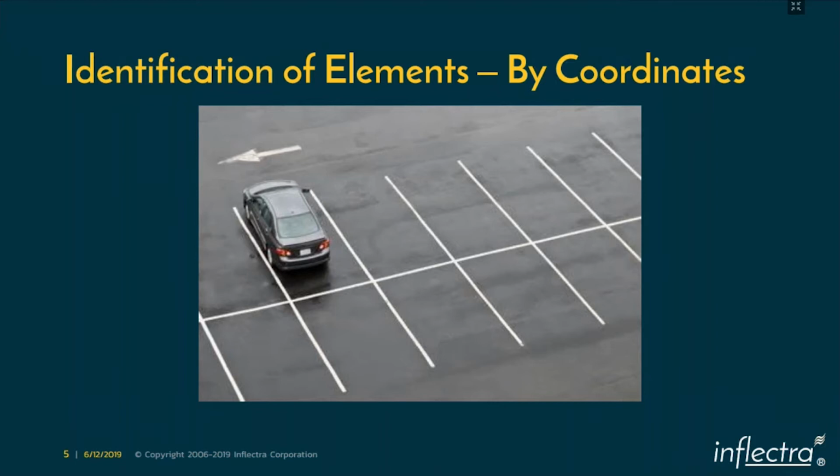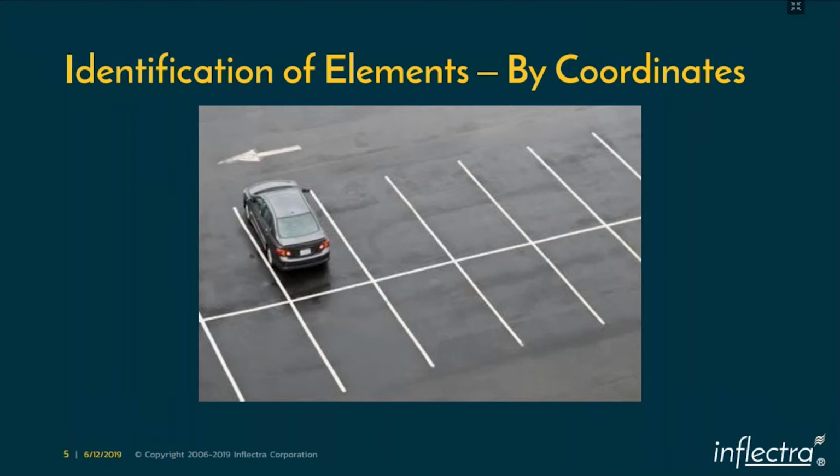This method works great until the application is shown at a different location, or the screen resolution changes, or the layout of elements within the application is modified. It's like the parking lot displayed on the slide. Today our car is parked at some slot, A5 for example, but the next day there can be another car. If we go to that slot, we will not find our car.